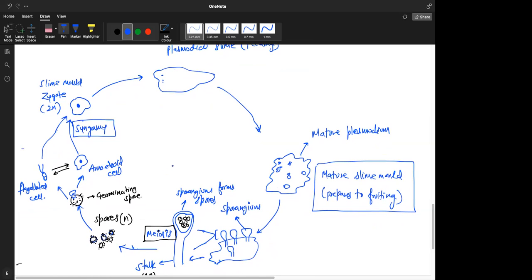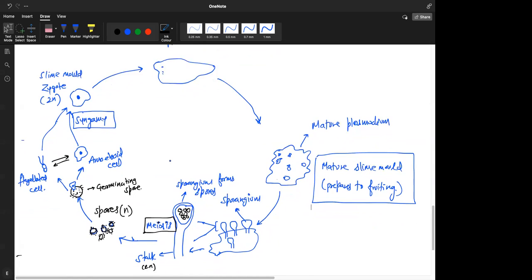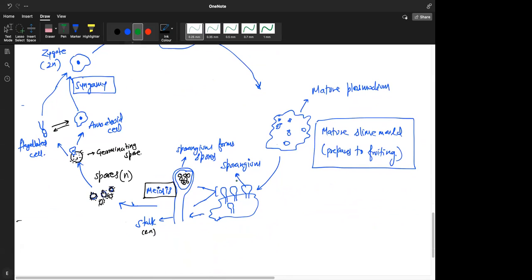So you have to remember, you can write down a few points if you want. Under favorable conditions, this part from here to here is happening under favorable conditions.